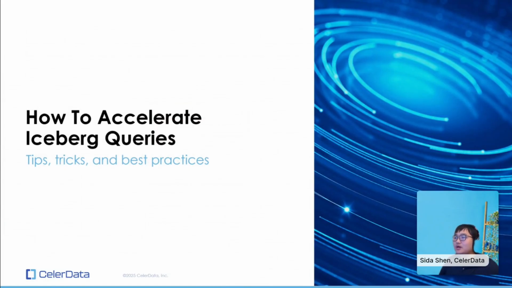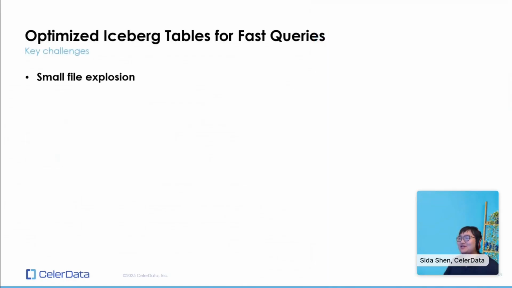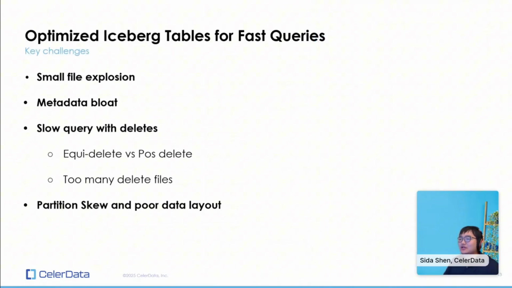Okay, so how to accelerate Iceberg queries? Here are just some common tips, tricks and best practices for how to maintain your Iceberg tables for faster queries. Some of this you might already know, but this is just an overview. First, let's take a look at the challenges of optimizing an Iceberg table for fast queries.